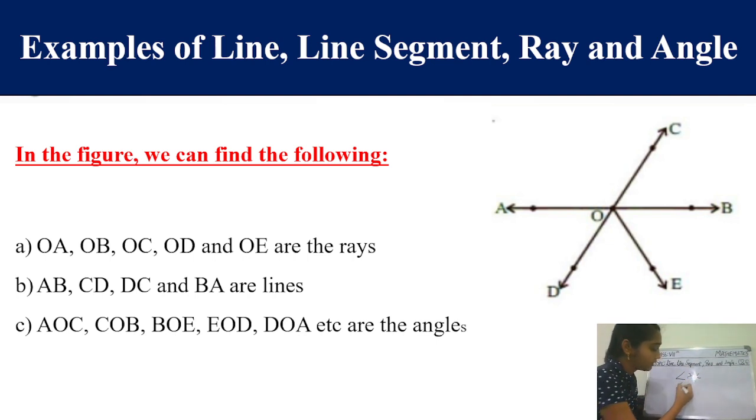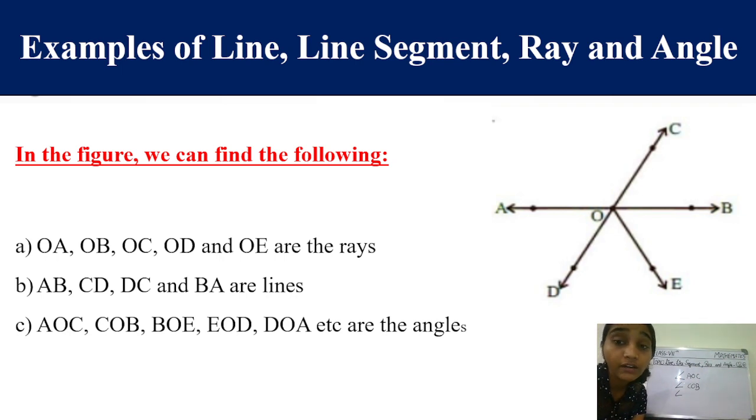And what about the other angle? Yes, students, so that is the angle AOC, and the other is angle COB. Just see the names, COB, is it an angle? Yes. And students, apart from these angles, can you name a few more angles in this?